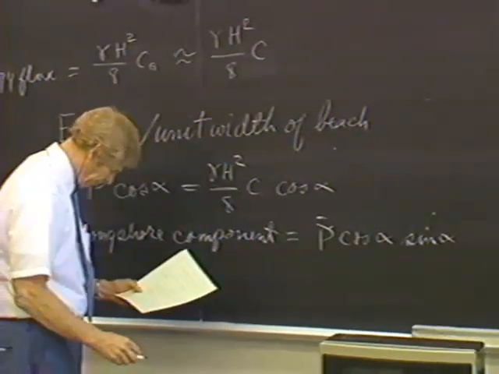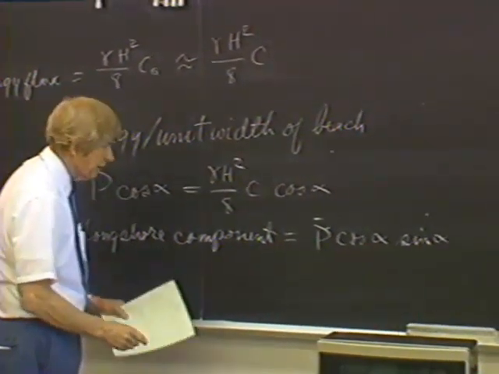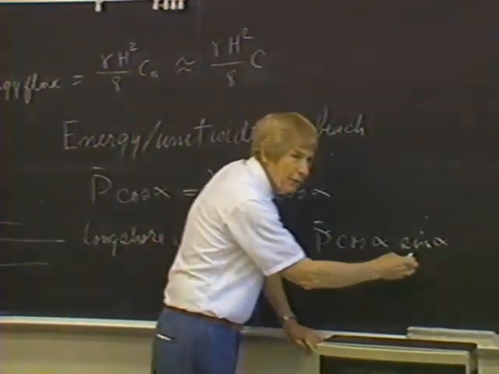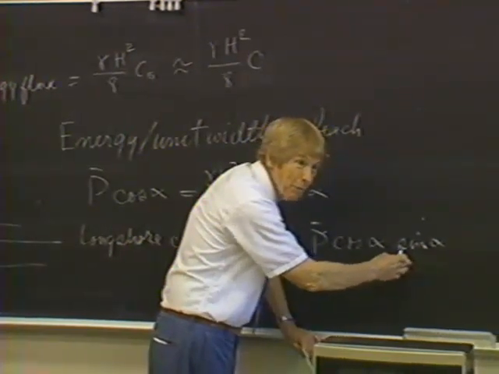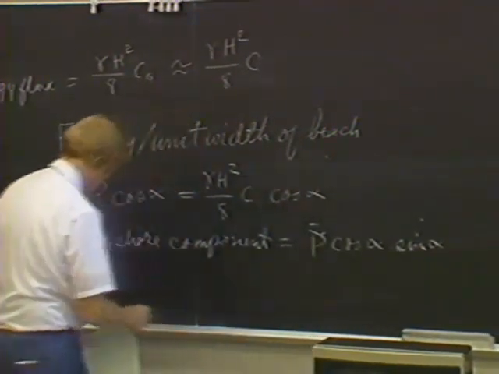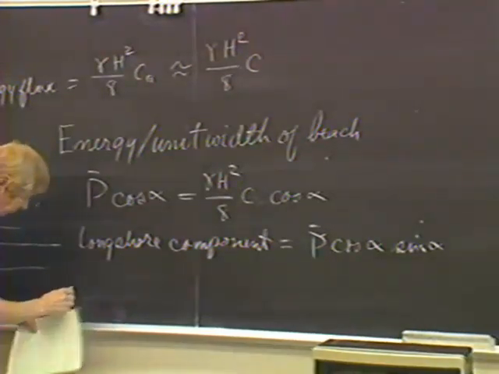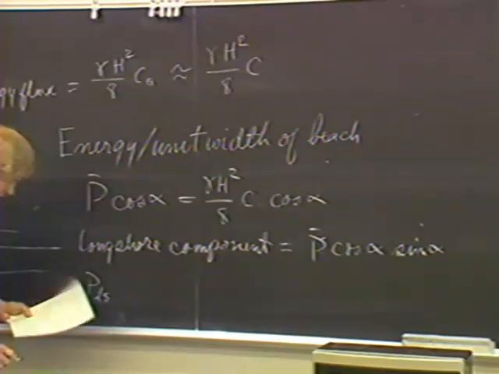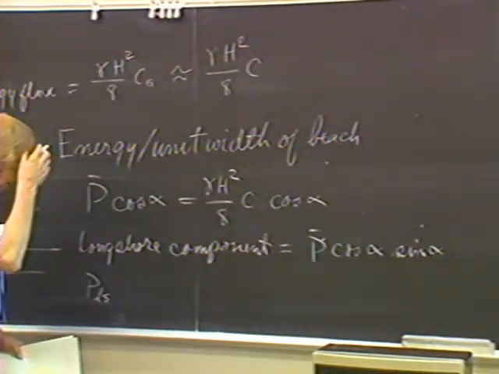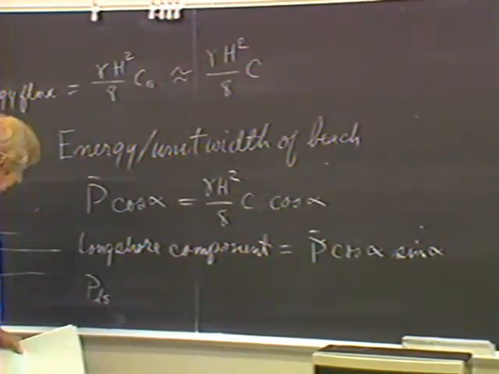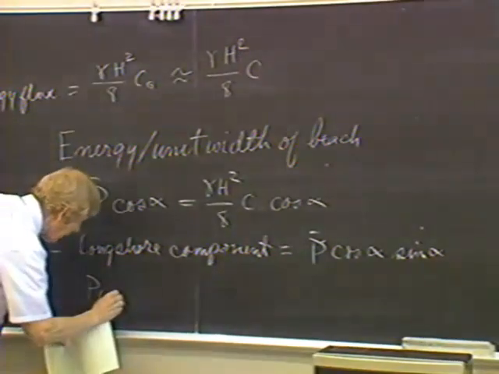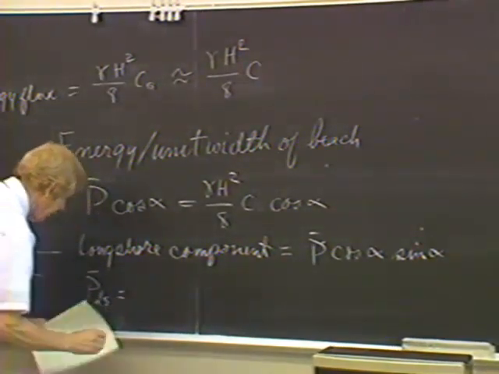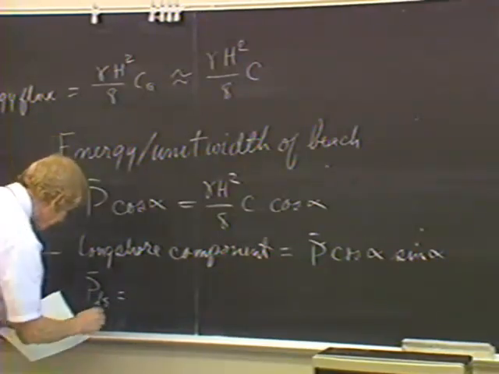And that's cosine alpha sine alpha, which is equal to half sine 2 alpha, remember from trigonometry. So we can write the longshore component at the beach.